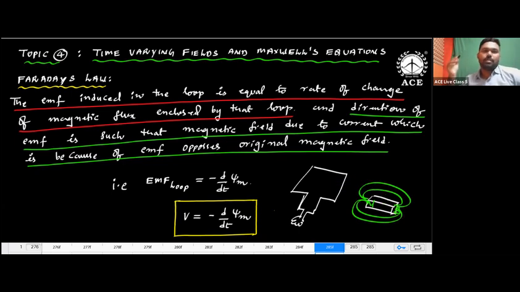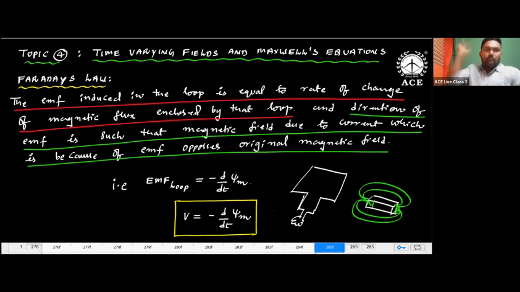These flux lines associated with the permanent magnet are going to cut the conductors. When the flux lines cut the conductor, EMF is induced in it. Because of that, current flows, and because of that, the light will glow.